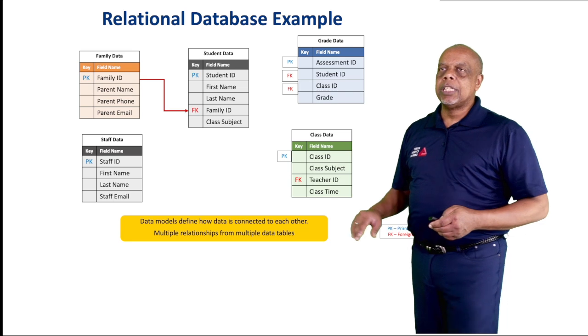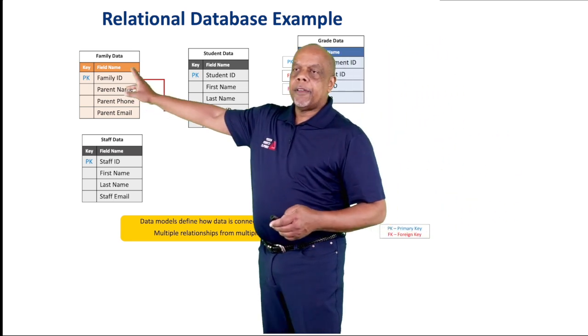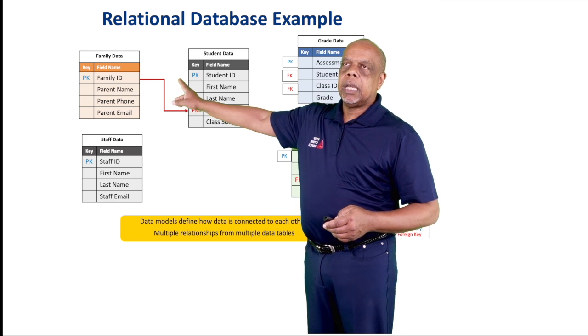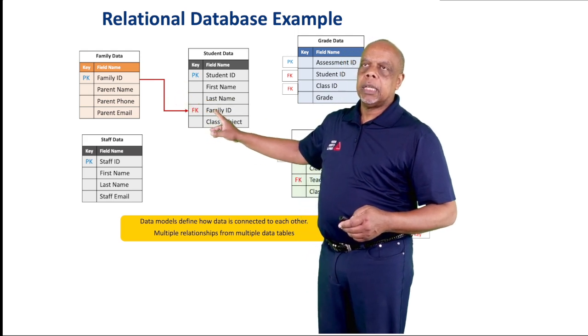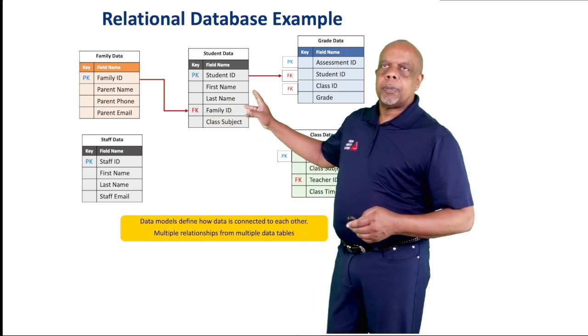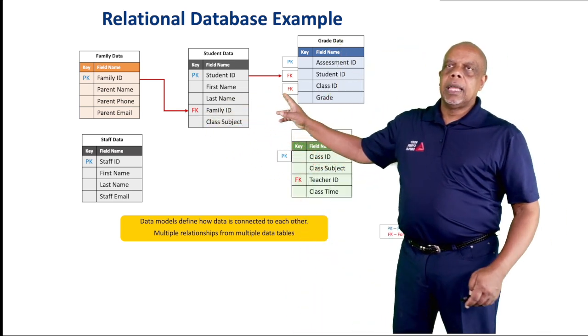So now I can set up a relationship between my family data table and my student data table based on the primary key of family to the foreign key here. I can also, from the student, set up a relationship between the student data and the grades.